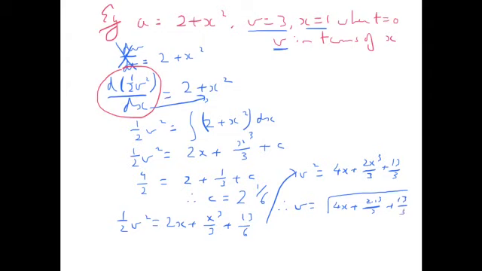The reason we chose the positive root is because up here, when x is 1, v had to be positive 3, therefore we only need the positive root. Done.